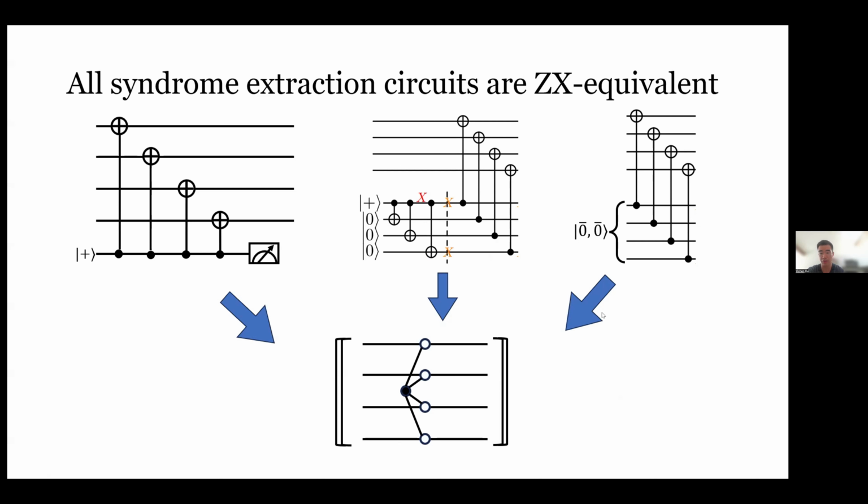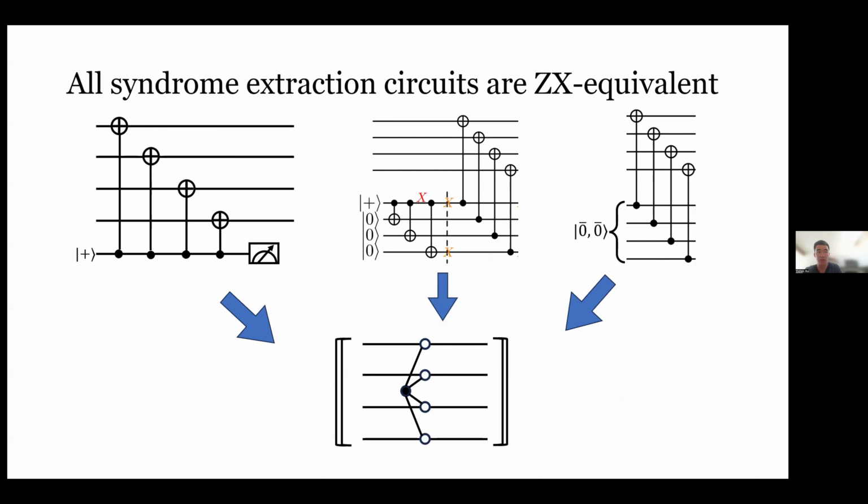This ZX diagram has one Z spider in the center, and 4 X spiders on 4 physical qubits. And this is basically the way that the product of 4 X's is measured. So this is rather simple, right? That's the power of ZX calculus. It reveals the actual function of the circuit.